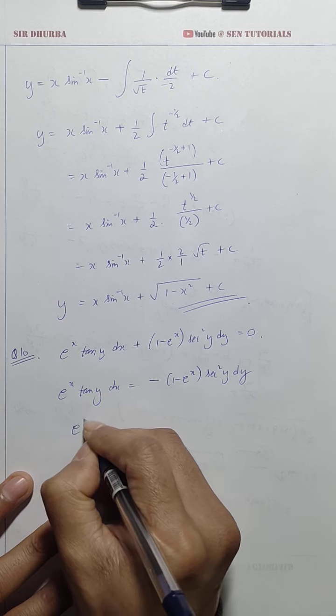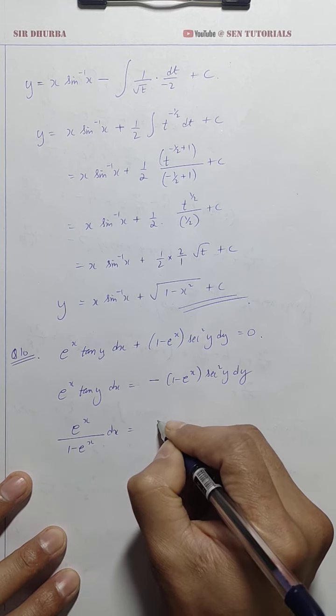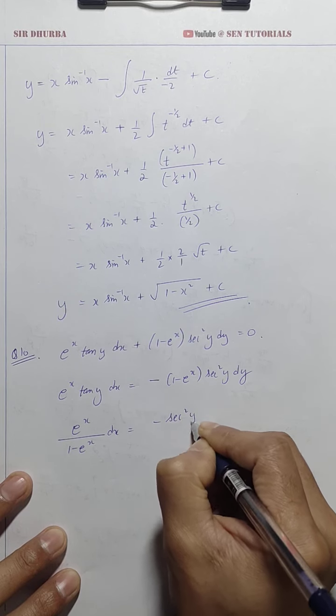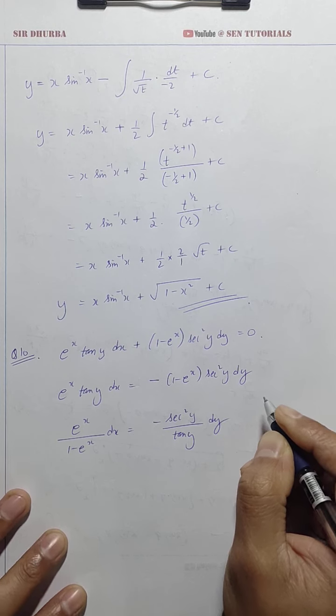Okay, x terms on one side, e power x by 1 minus e power x dx, and y terms on the other side, sec square y by tan y dy.